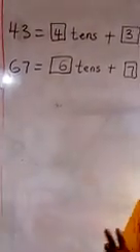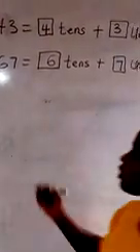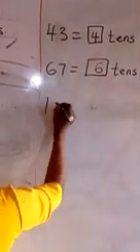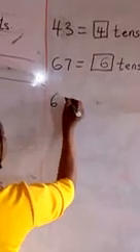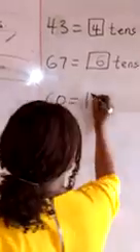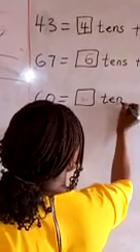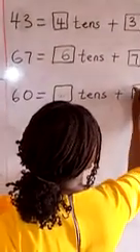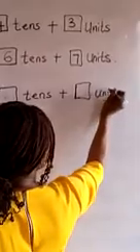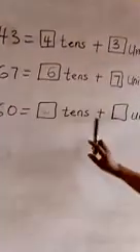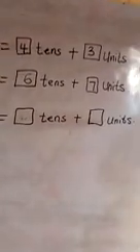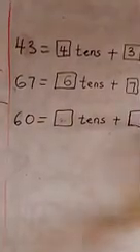Very good. Okay, let me test you with this. You have your 60. Then you have your brackets, tens, plus brackets, and your units. Your 60 now, what are you going to do?